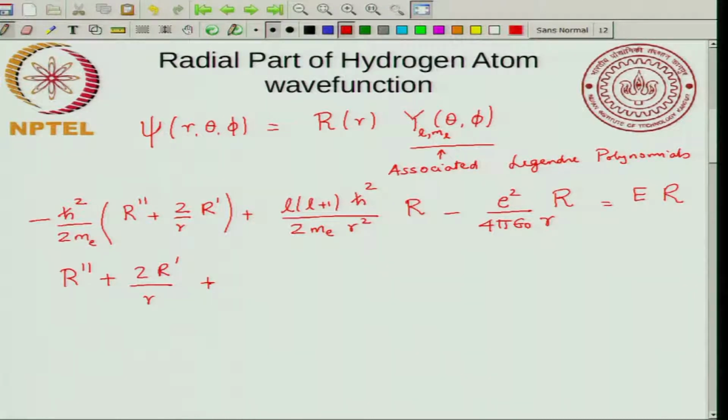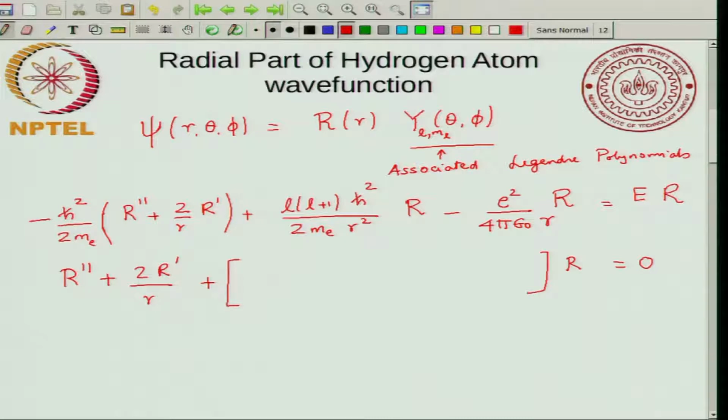So, you have minus h cross square by 2 m_e and you have h cross square L times L plus 1. When you write the remaining terms, now I will have 2 E multiplied by 2 m_e by h cross square. And what I will do is I will take this factor over there. So, I will write this in the following form. I will write this whole thing multiplied by R equal to 0.